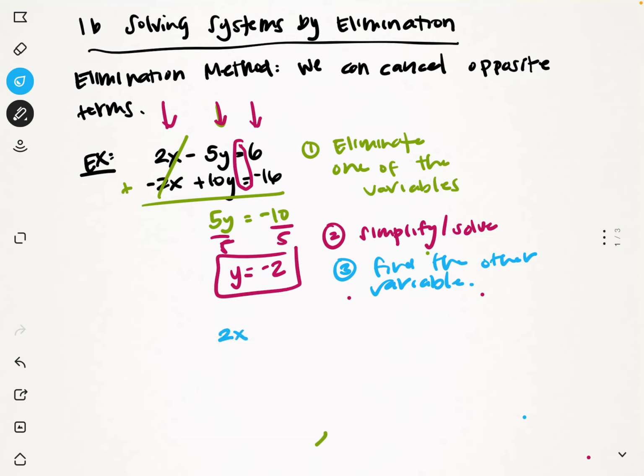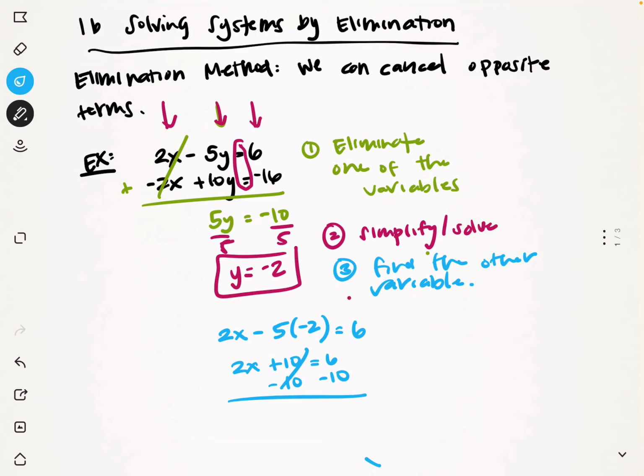So we have 2x minus 5. We're gonna substitute our negative 2 in for our y, because we know that y is equal to negative 2. And then we're just gonna go ahead and clean it up and solve. So 2x, negative 5 times negative 2 is positive 10 equals 6. Now we're to a 2-step.